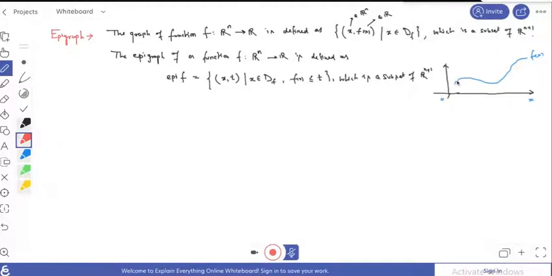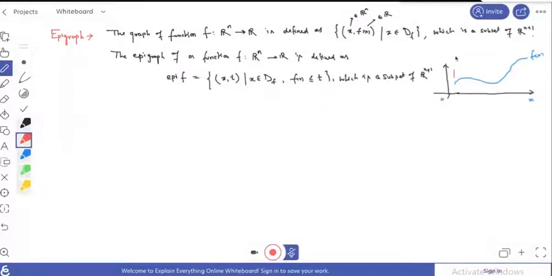So these are all the x, and f(x) is this. It has any finite value, and this is less than or equal to t.